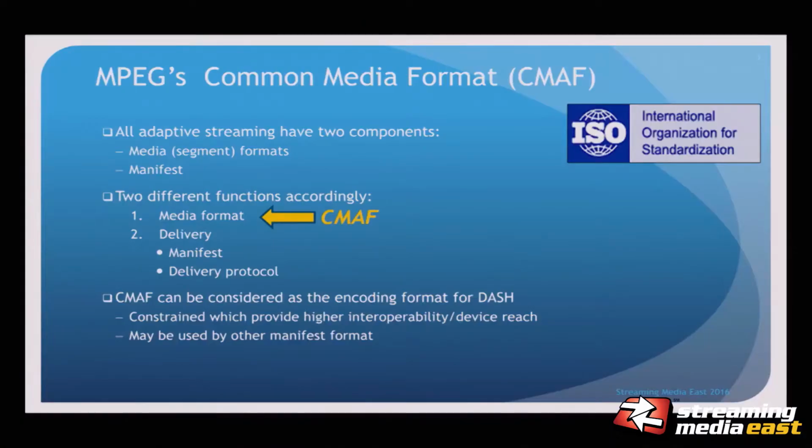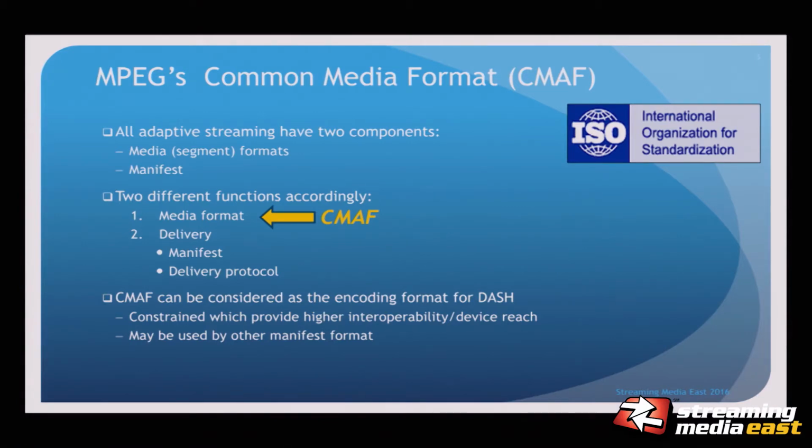One more item I will talk about shortly. This is a new activity in MPEG, Common Media Format or Common Media Application Format. The idea here is that if you look at any streaming protocol, whether standard or non-standard, it has basically two functionalities: media format encoding, and then delivery, which consists of the manifest and the protocol.